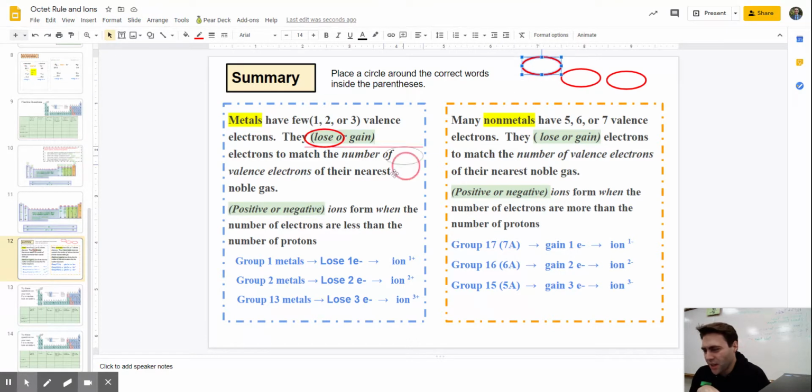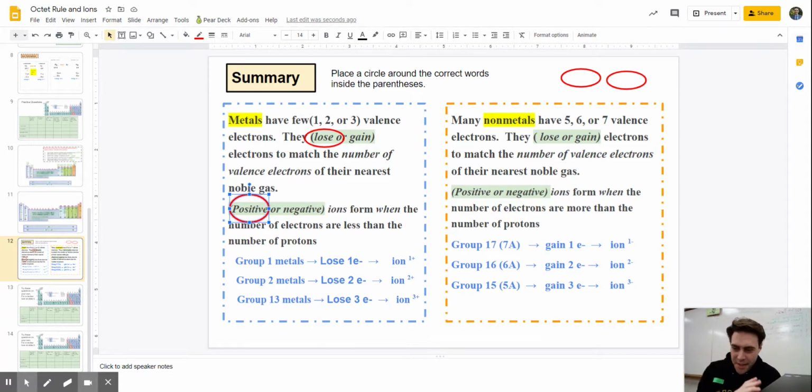These ions are positively charged. So positive ions form when the number of electrons are less than the number of protons. So right on this summary here, group 1 metals lose 1 electron, group 2 metals lose 2 electrons, group 3A or 13 metals lose 3 electrons.